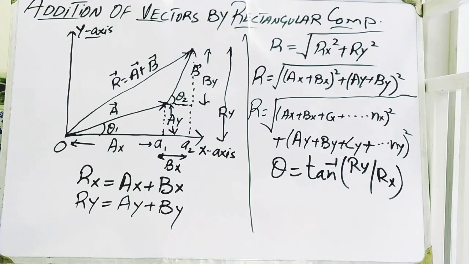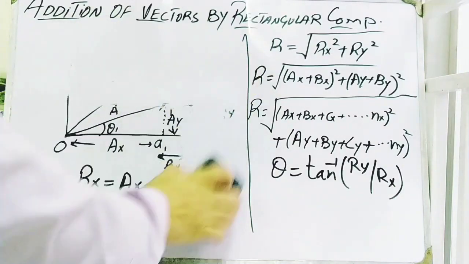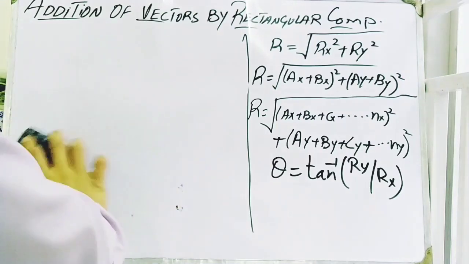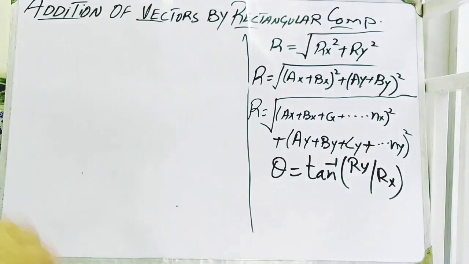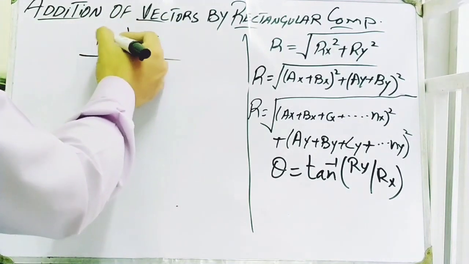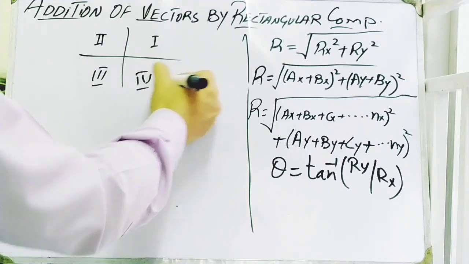So I'm going to represent the basic scenario for the quadrant method. There are 4 quadrants in Cartesian coordinates: first quadrant, second, third and fourth.